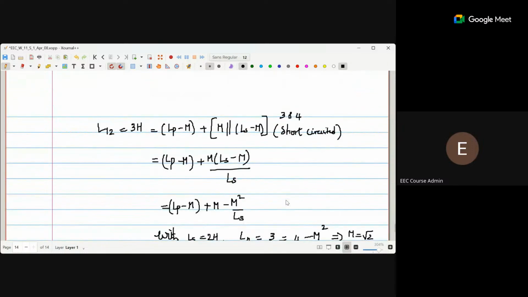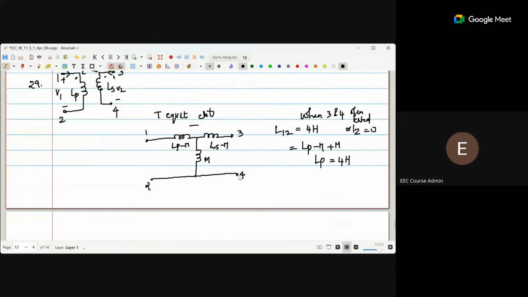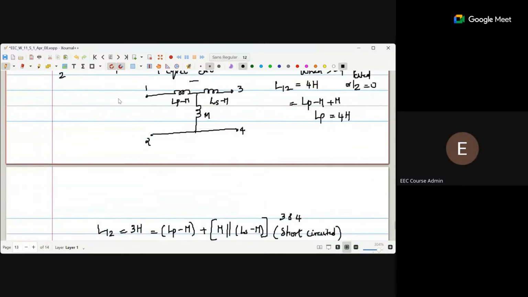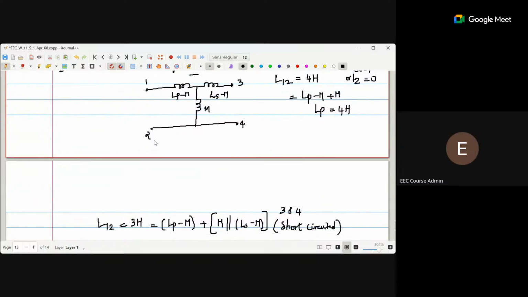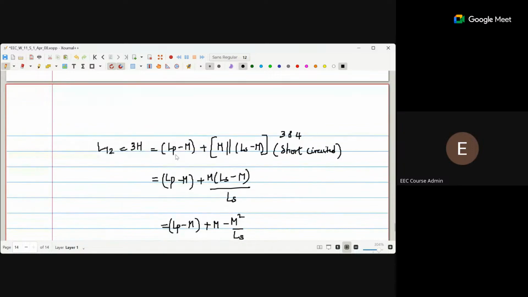Derive this and see, when the terminals 3 and 4 are short circuited, the equivalent inductance between the terminals 1 and 2 will be LP minus M plus M parallel LS minus M, correct? This short circuited means this LS minus M comes in parallel to M, then that will be in series with LP minus M, and that is given to be 3 Henry. So that is being equated.